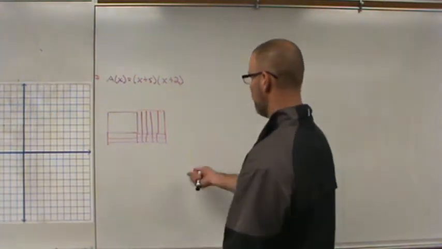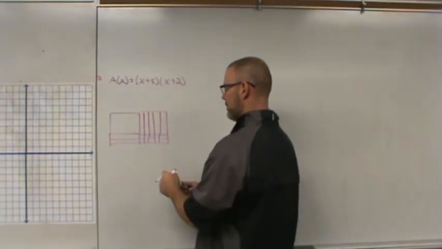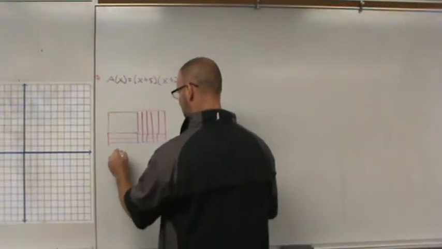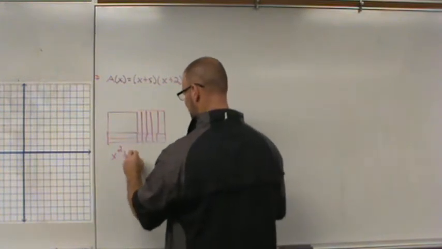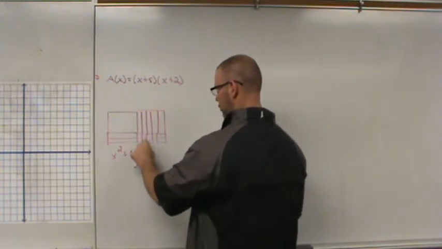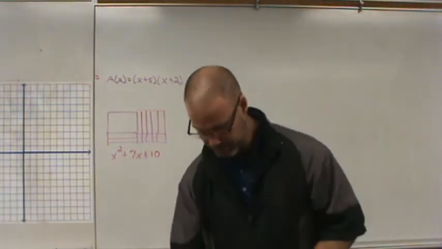Okay, so if I've done that, now I want to write 2 expressions to map this area. Well, I have 1 x squared. I have 5, 6, 7, I have 7 x's. And I have 2, 4, 6, 8, 10, I have 10 single unit squares.